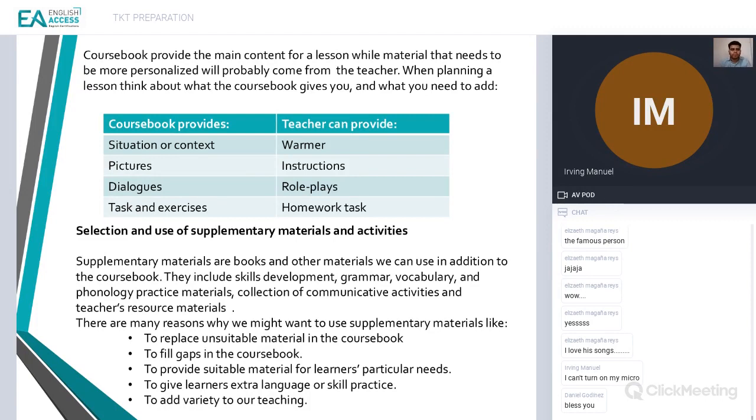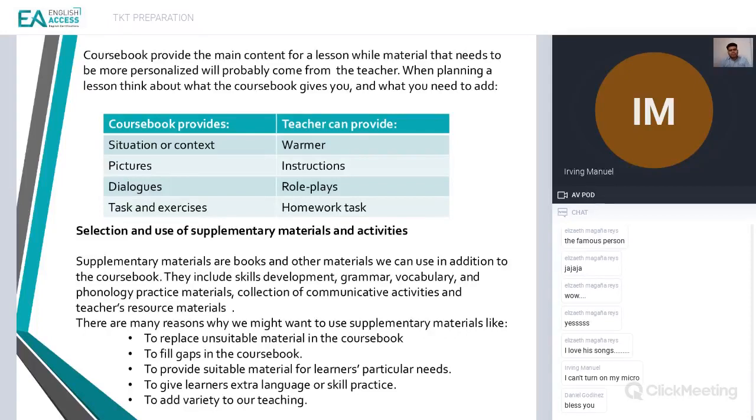Do I continue reading the chart? Yes, please. Course book provides situation or context, pictures, dialogues, tasks, and exercises. And the teacher can provide warmer instructions, role plays, and homework tasks.